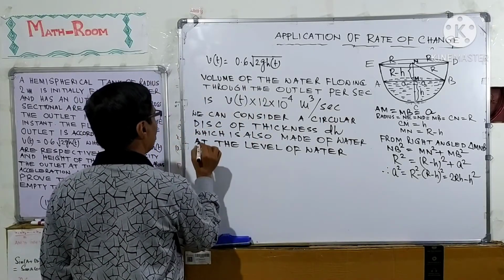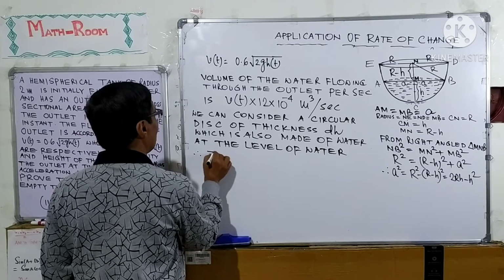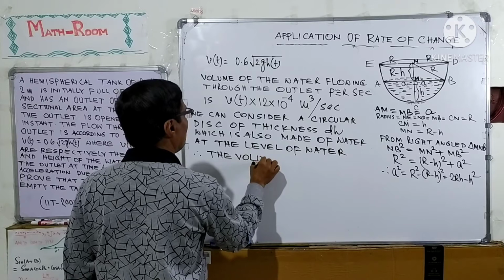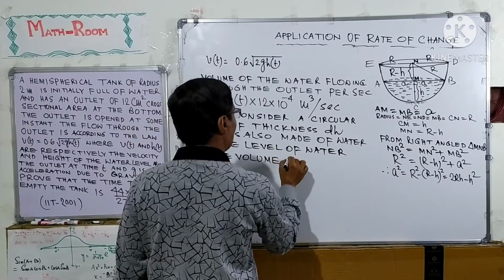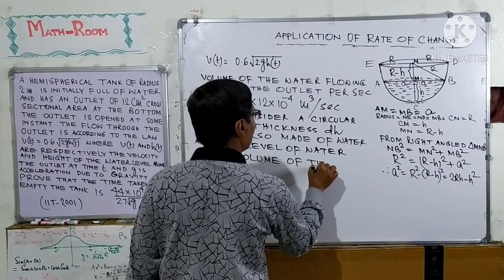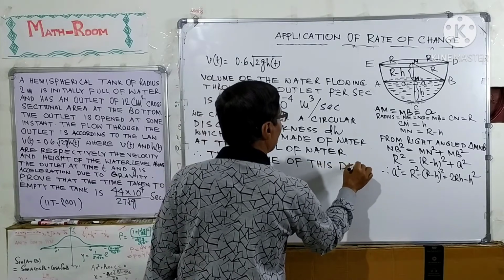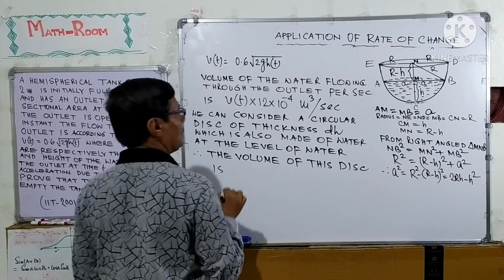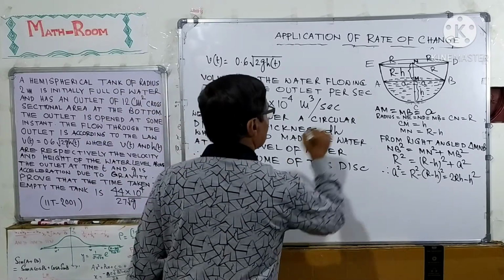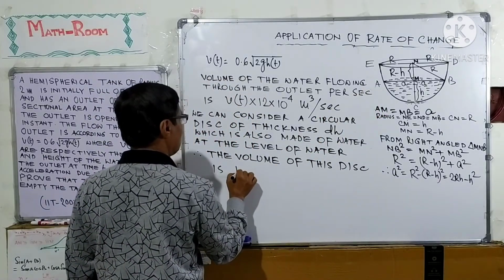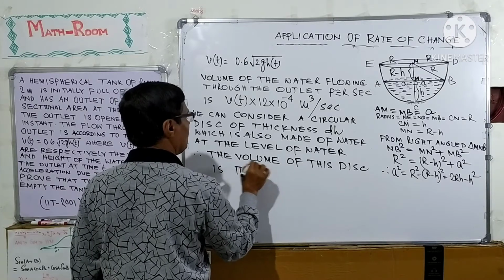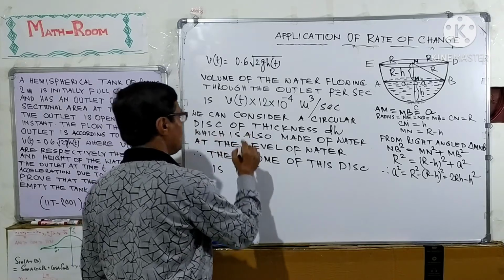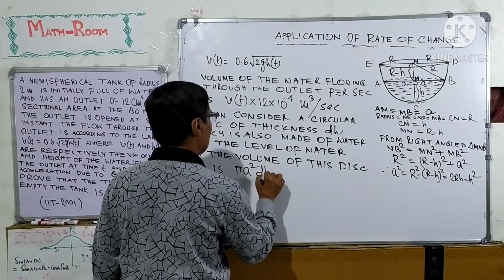So the elementary volume, the volume of this disc, is the base area, pi a square, into its thickness dh, that is pi a square dh.